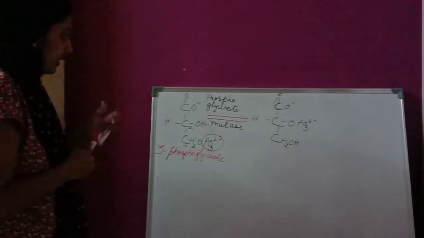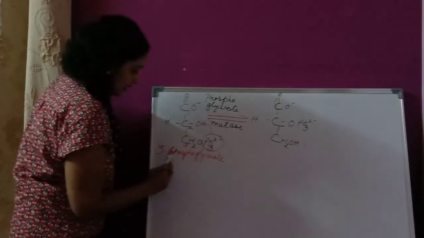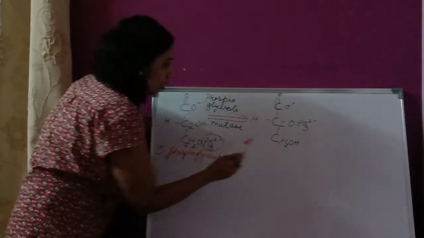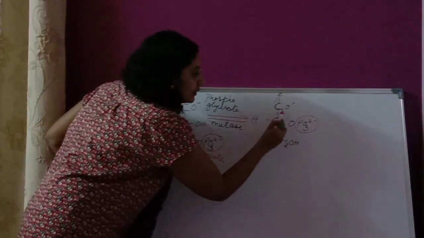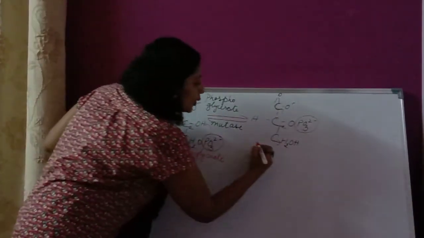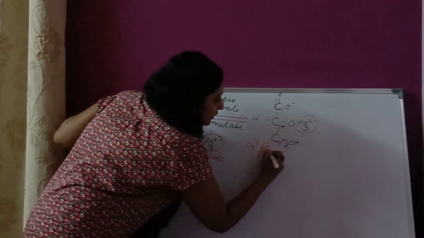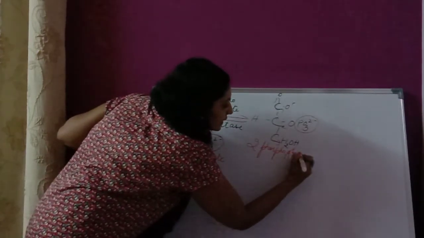Okay, see now here in the third carbon atom, when PO3 is present, it is called 3-phosphoglycerate. Now PO3 has got shifted to second carbon atom. So resulting in the formation of 2-phosphoglycerate.